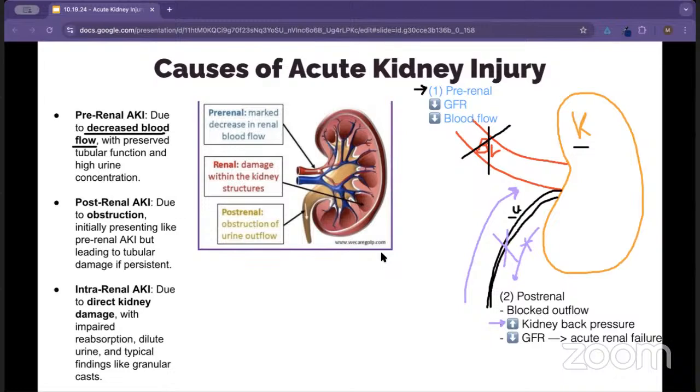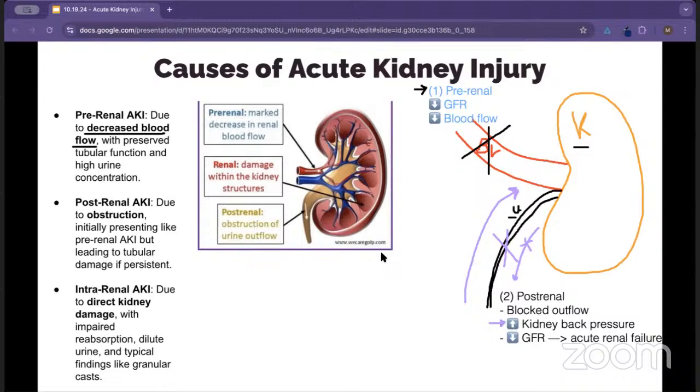The clinical clues in this picture: the patient would have symptoms depending on the site of obstruction, like flank pain or lower abdominal pain. They'd also have difficulty urinating or changes in urine flow. Recovery really depends on prompt relief of the obstruction.